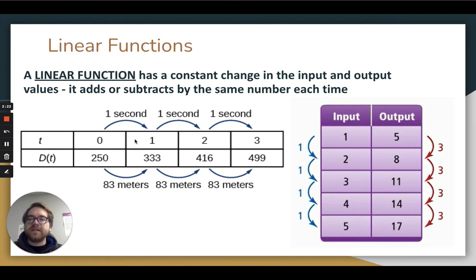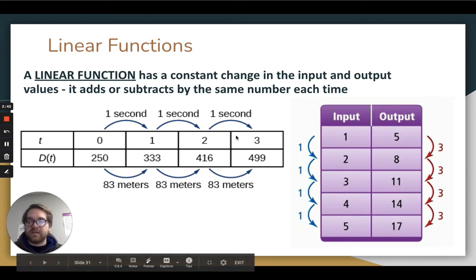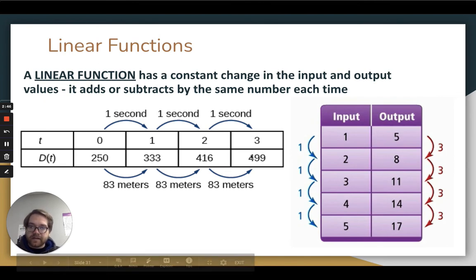So you can see here in these input-output tables that as the t here, as that input increases 0 to 1 to 2 to 3, this value down here, my output, is increasing 250 to 333 to 416. It's increasing 83 meters each time, right, in this particular table. So you can see it's constantly changing at the same rate, right? It's increasing by the same number each time.